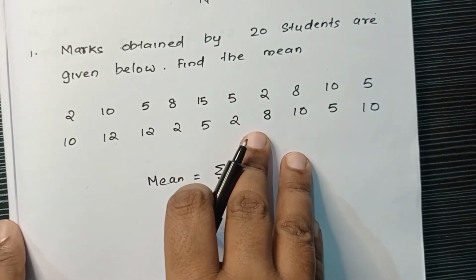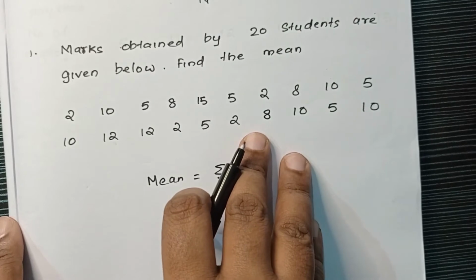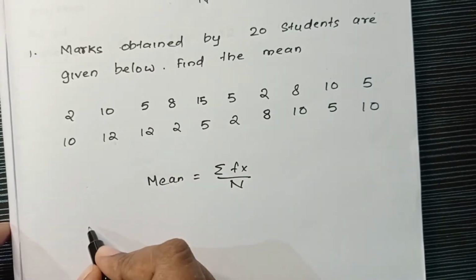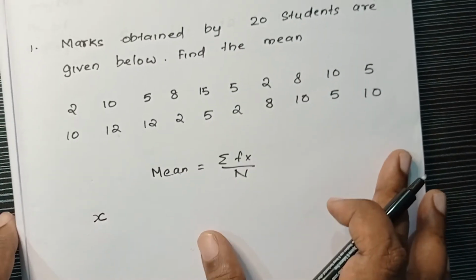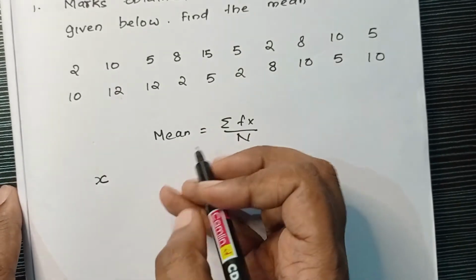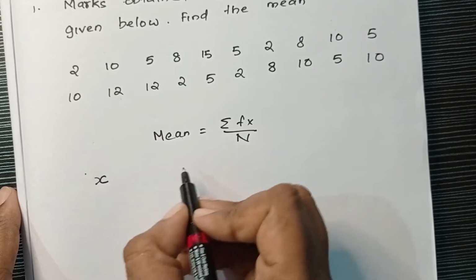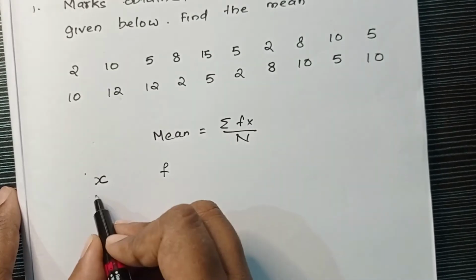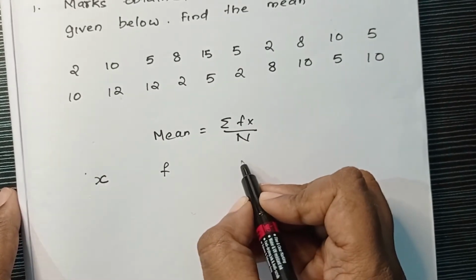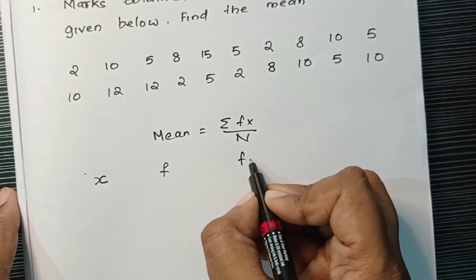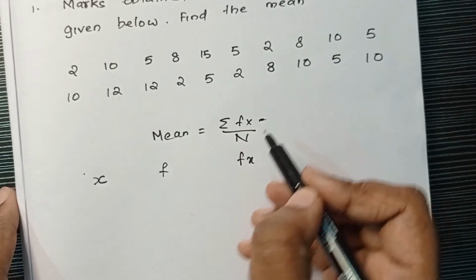Instead, what we can do is find the frequency. Frequency means the number of times an event is repeating. I'll write in tabular form f, and here we have to calculate fx, because that is in the formula.